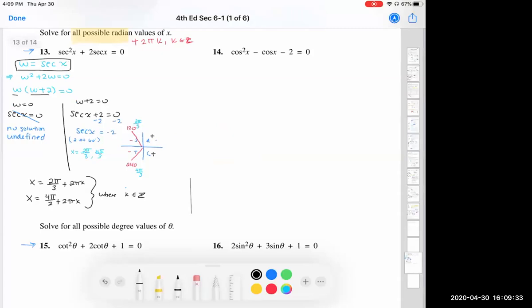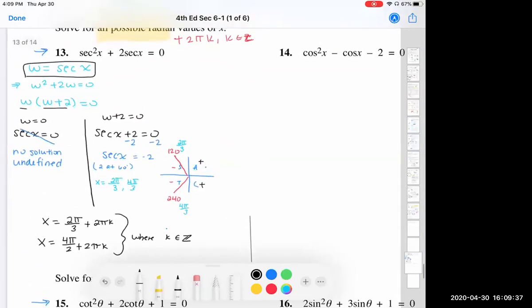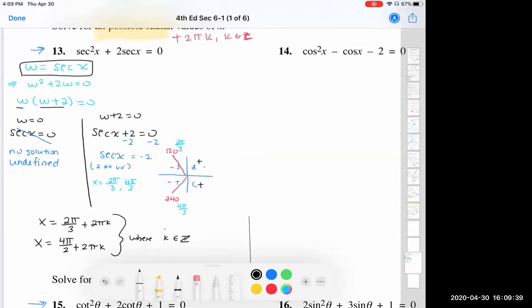So that's number 13. I'm going to screenshot it just so you have it handy. Okay, let's go on to 15.